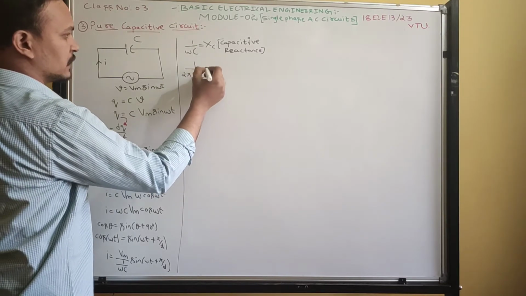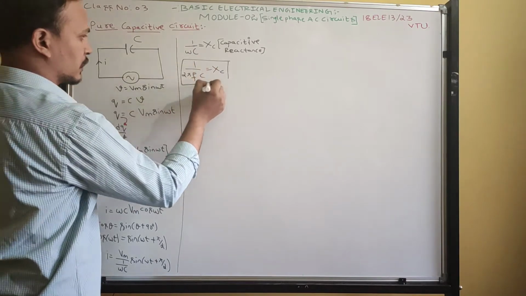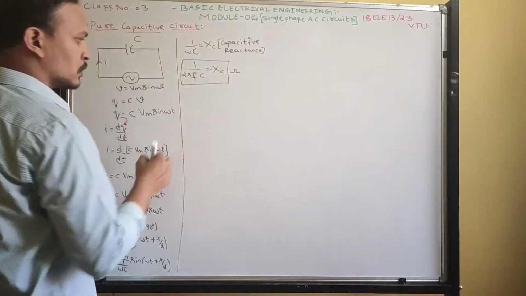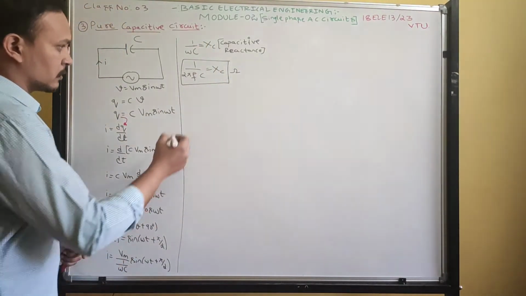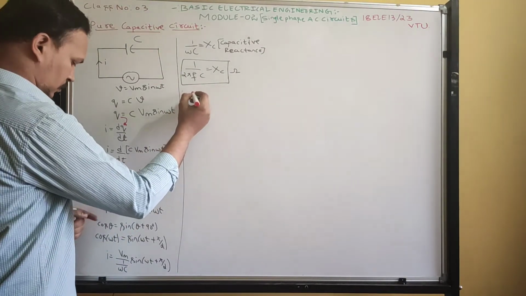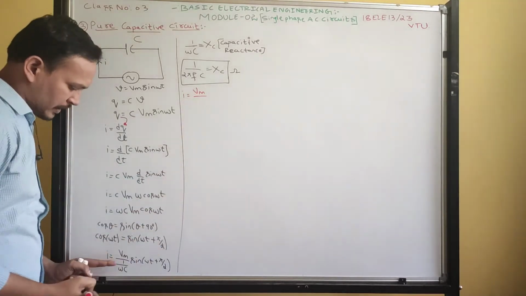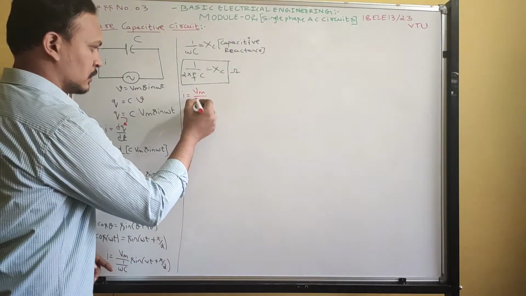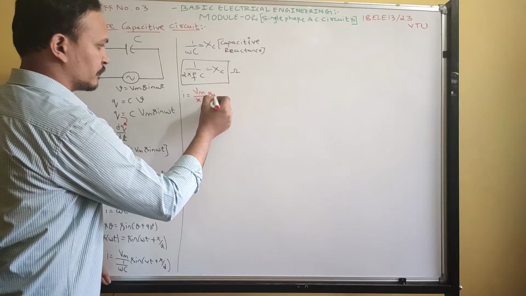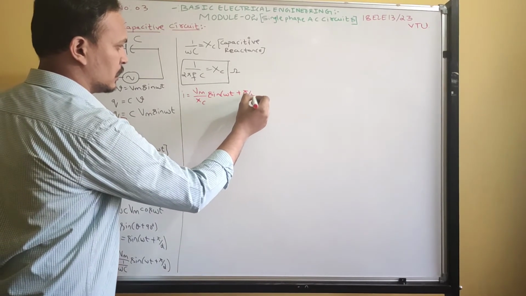So 1 by 2 pi f into C is equal to what? Xc, capacitive reactance. Its unit is ohms. Therefore now I can write I is equal to Vm divided by Xc into sin of omega t plus pi by 2.